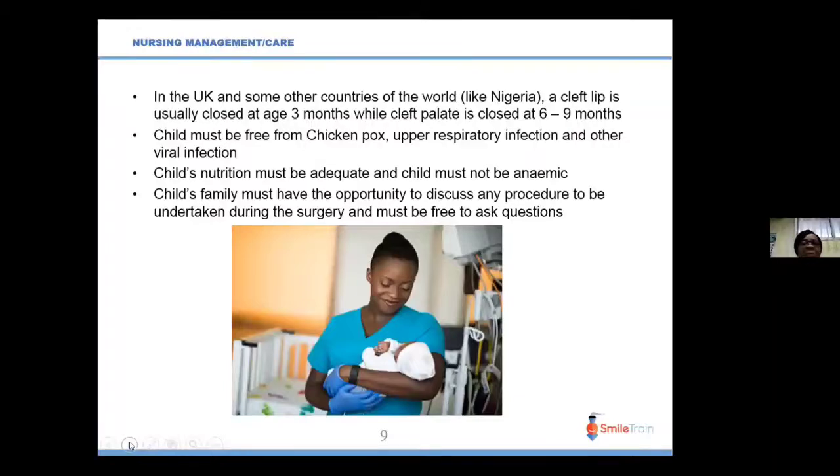Some say a taboo, the woman would have caused one problem or the other. Either she broke a promise, she committed adultery, or some say it is one god or goddess. A lot of belief in our environment. So there's anxiety in the parents of these children. Therefore, it's good that during this period of surgery, trying to do this correction, you allow them to ask questions.